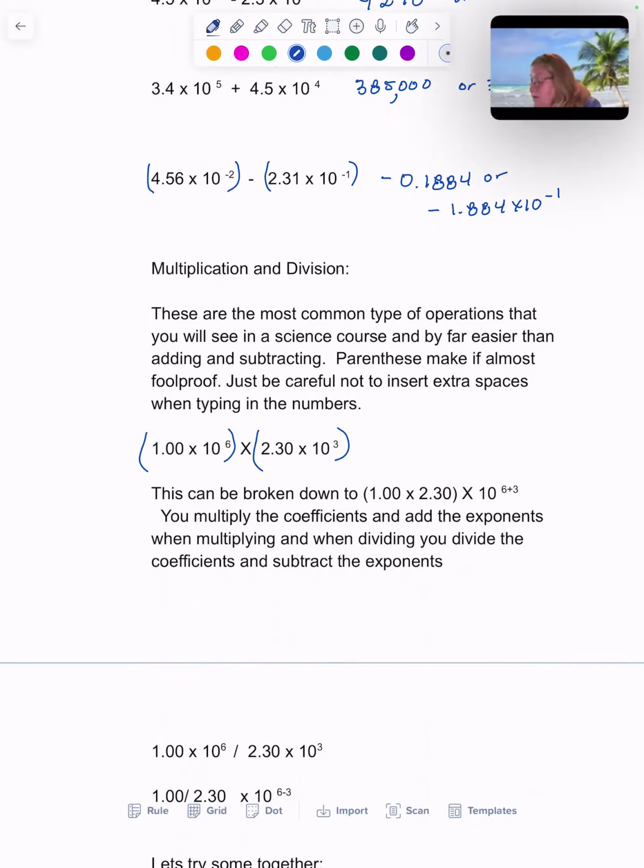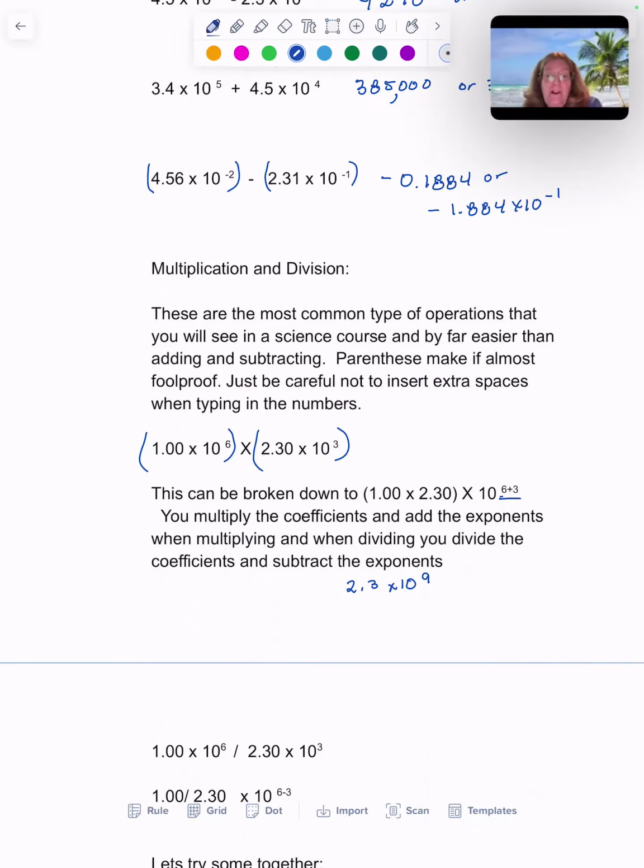When we're multiplying, you'll notice we add the exponents. And when we divide, we subtract the exponents. Pretty easy. So these you can actually do in pieces. I can take the 1.00, multiply it by 2.30, which is going to give me 2.3, and then 6 plus 3 is 9, times 10 to the ninth.